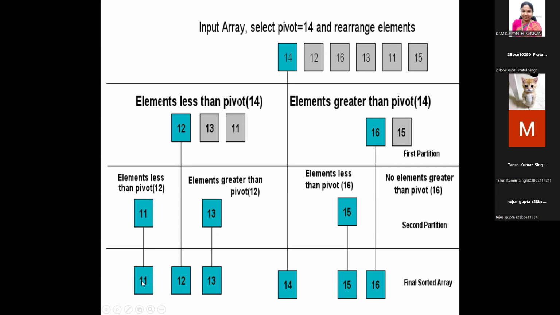Now we can say the numbers which are less than pivot, the pivot element, and the numbers which are greater than pivot form a sorted subarray. The same way this side also, with respect to pivot, the numbers less than pivot, greater than pivot. Again the two subarrays. Now the complete list is sorted.